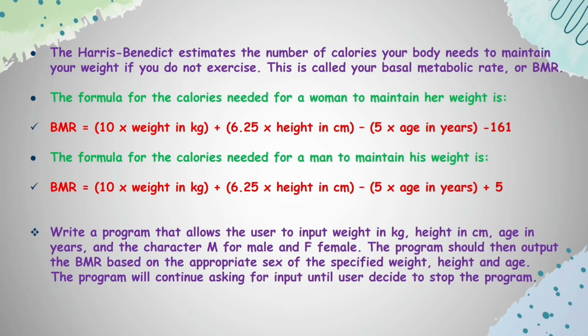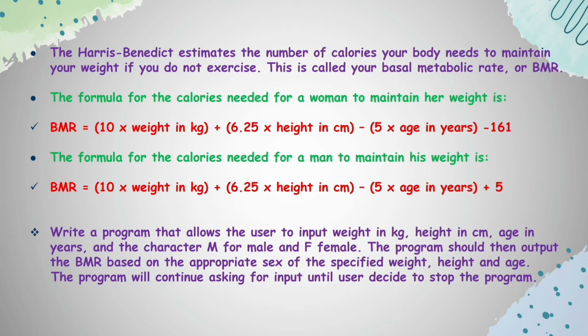The formula for a man is BMR equals 10 times weight in kg plus 6.25 times height in cm minus 5 times age in years plus 5.